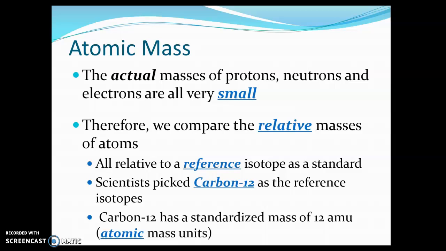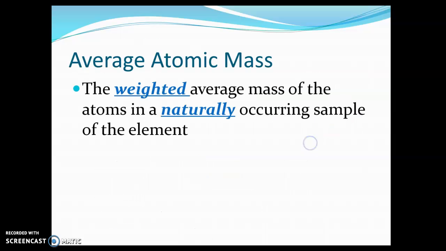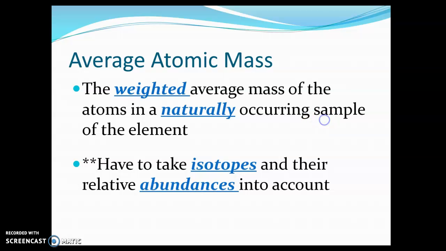Carbon-12 has a standardized mass of 12 AMU, so atomic mass units. The average atomic mass is the weighted average mass of the atoms in a naturally occurring sample of an element. So you have to take isotopes and their relative abundances into account.